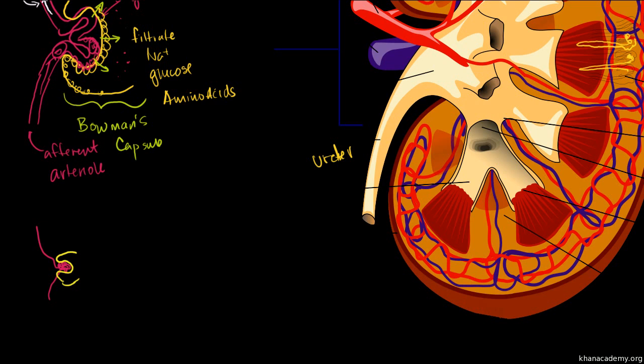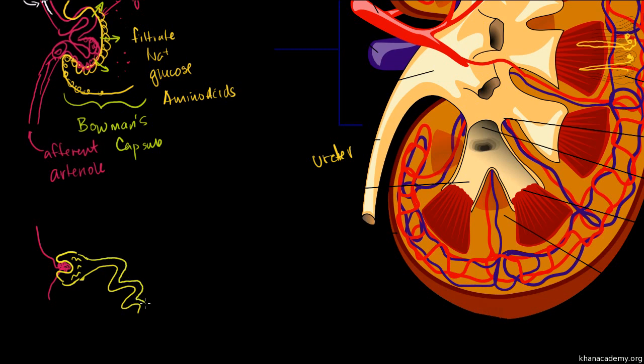I'll make it a little bit yellow. That's the filtrate that just comes out at this point. Sometimes it's called the glomerular filtrate because it's been filtered by the glomerulus, but it's also been filtered by those podocyte cells on the inside of the Bowman's capsule. But now it's ready to go to the proximal tubule. So let me draw something like this.